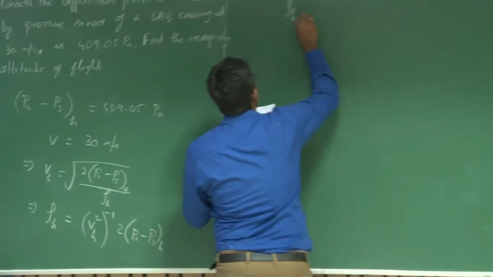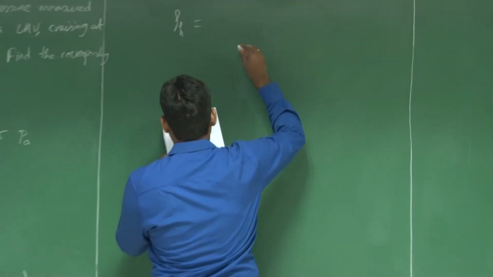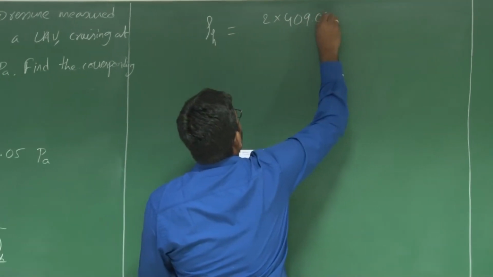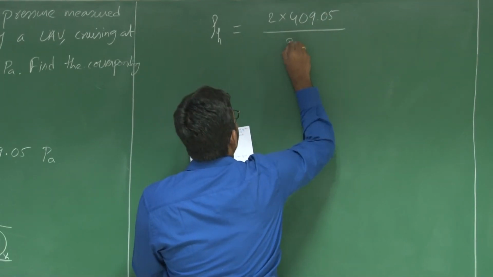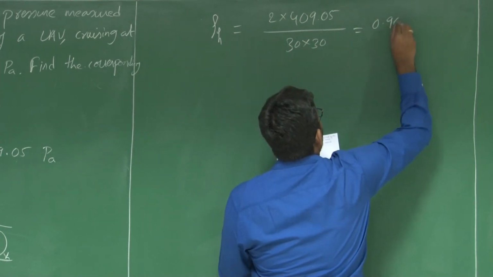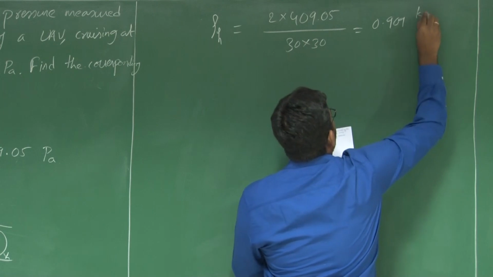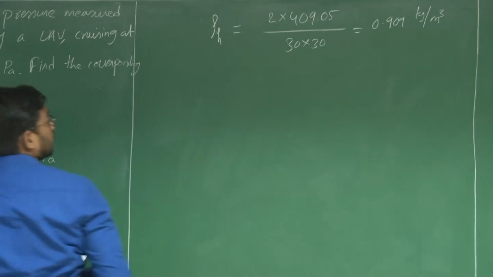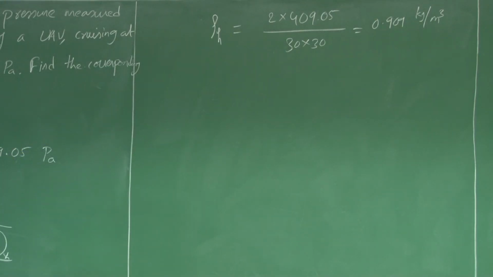Now density at height h is 2 times 409.05 pascals divided by 30 squared, which equals 0.909 kg per meter cube. So this is density at h, right?